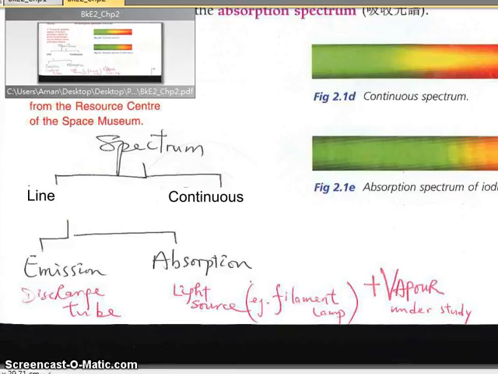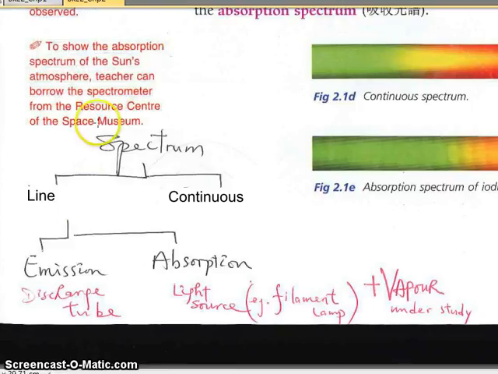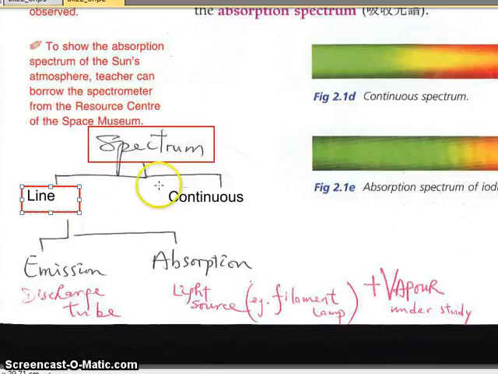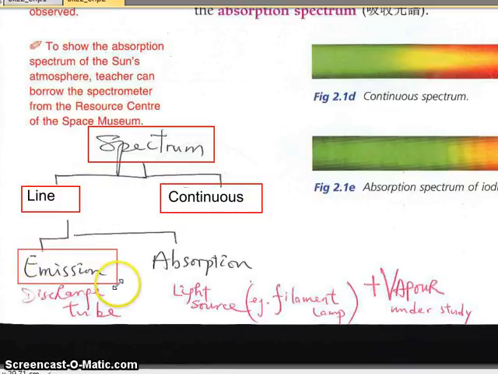So all in all, we have spectra of different kinds. A spectrum can be a line spectrum, with many lines. It can be a continuous spectrum, just like a rainbow. And a line spectrum may come from an emission spectrum, that is, a discharge tube.